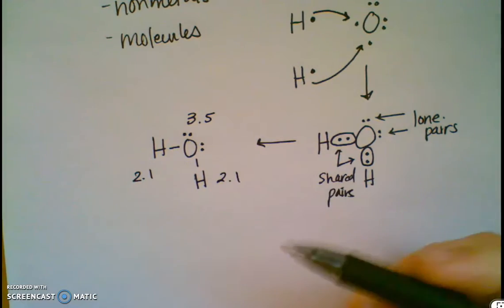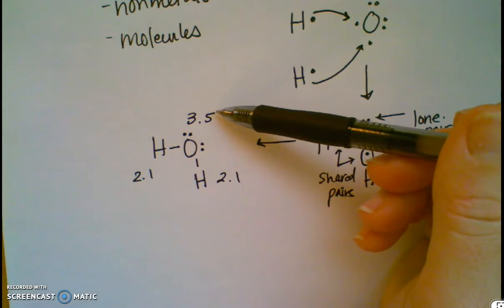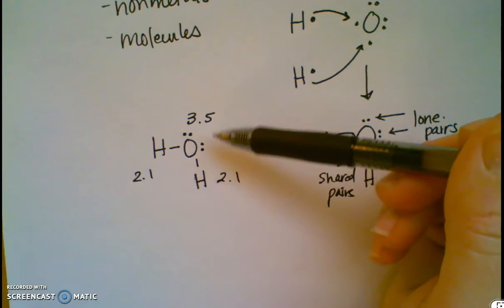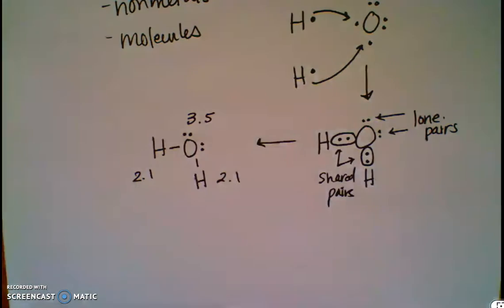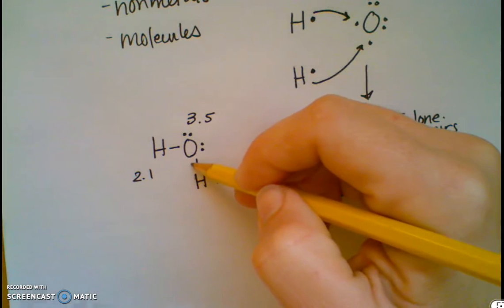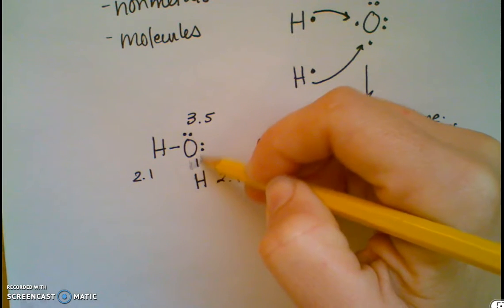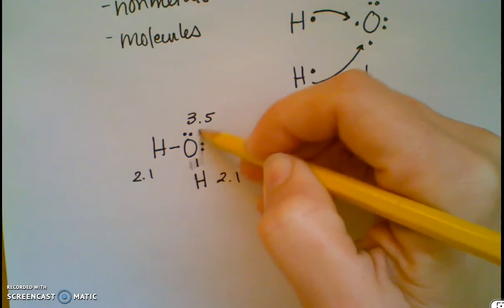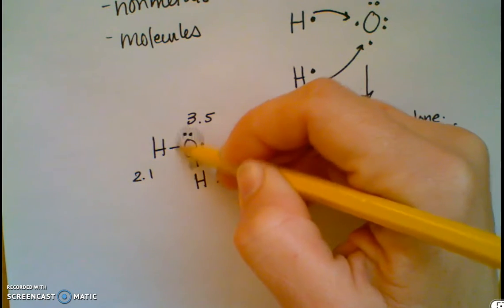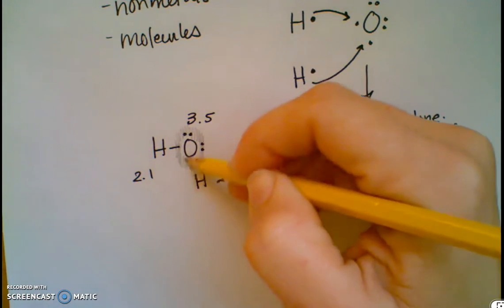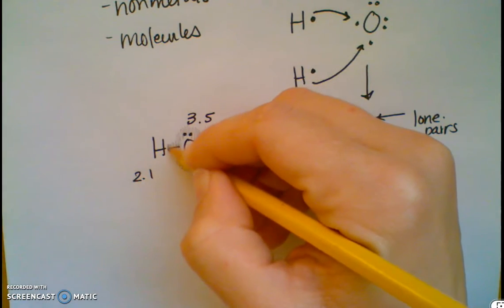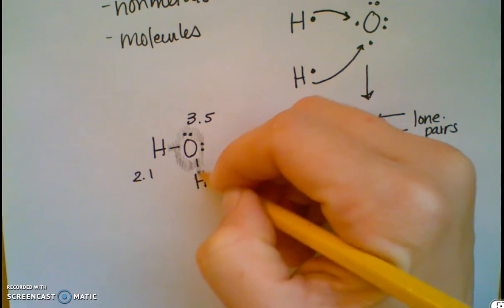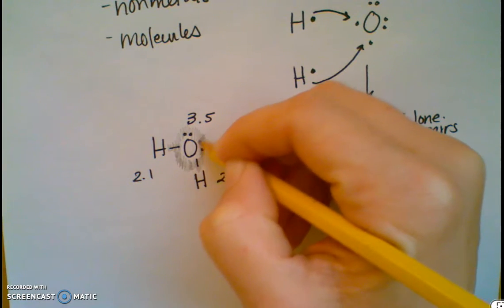You would see that oxygen is significantly more electronegative than hydrogen, which means that even though they're sharing these electrons, you could almost consider this being more like a thick cloud of electrons around hydrogen, and a thin cloud of electrons around oxygen. Because the truth is that electrons are way more likely to be with oxygen than they are with hydrogen.